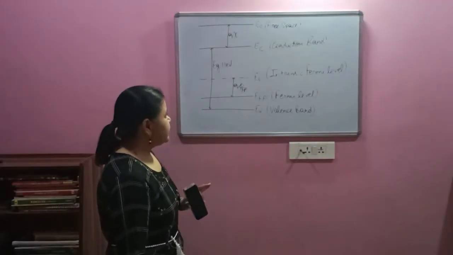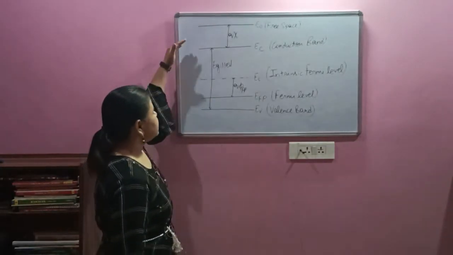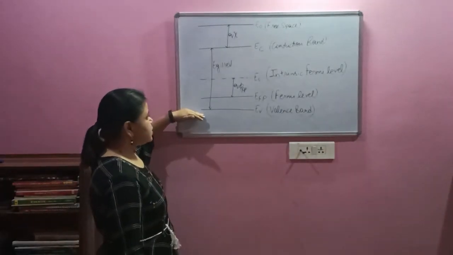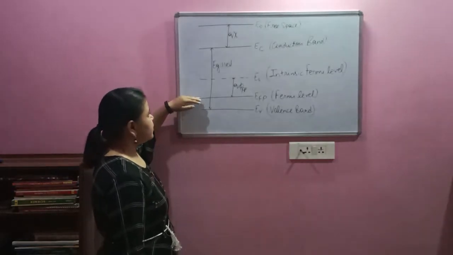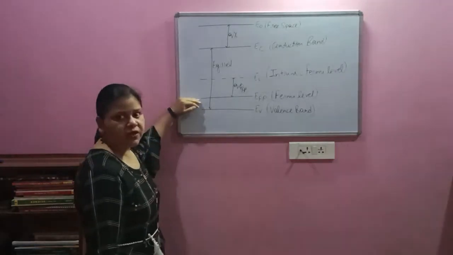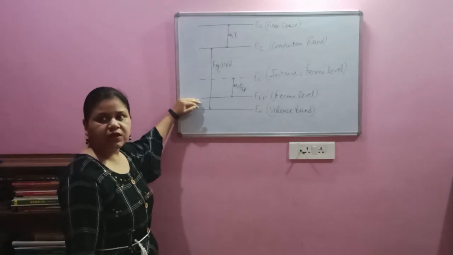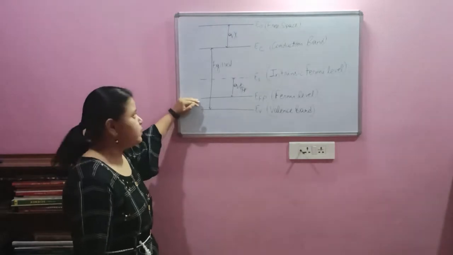This is a band diagram of a p-type semiconductor. Here in this band diagram, the layered energy bands are shown, where the lowest one, the valence band, is denoted by EV. Above that we have a Fermi level, and its exact position will depend upon the doping concentration.